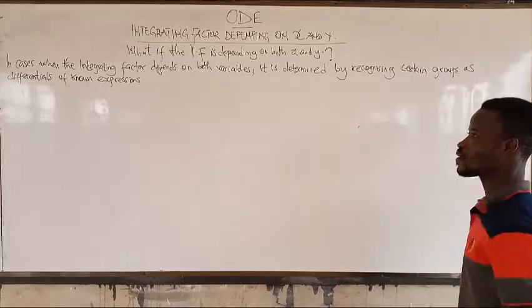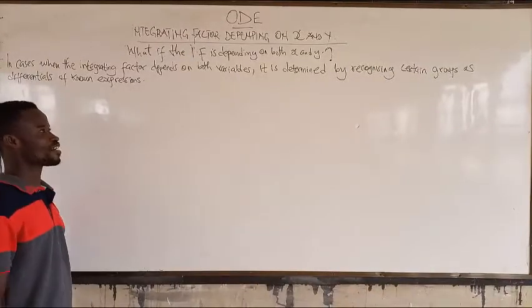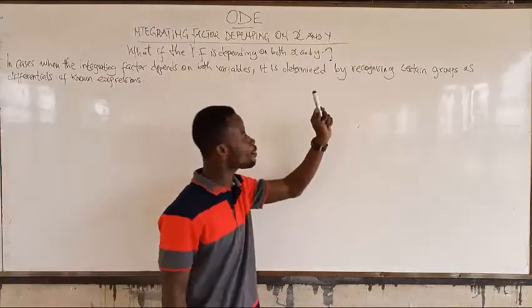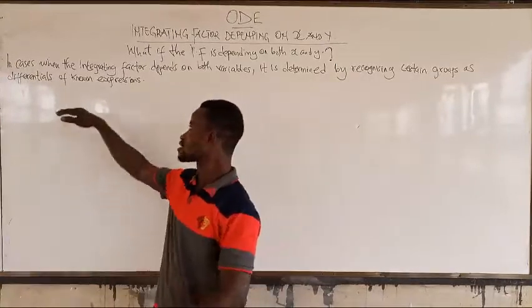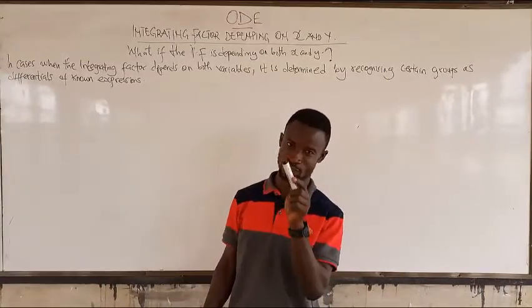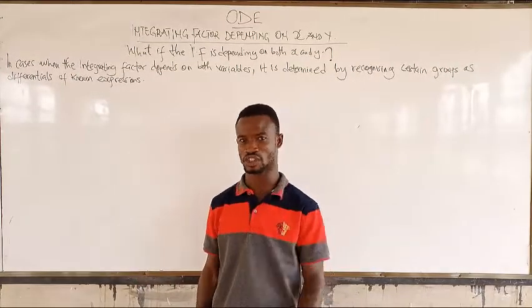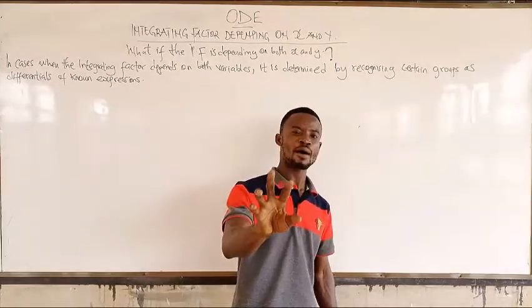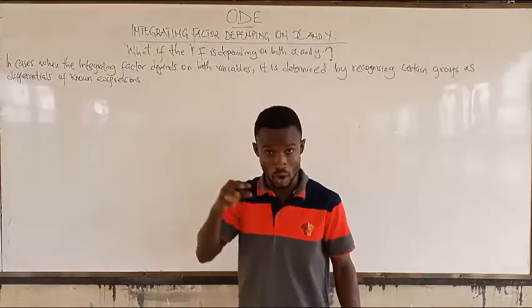So, in cases when the integrating factor depends on both variables, it is determined by recognizing certain groups as differentials of known expressions. Now, there are about 8 formulas that we are going to recognize.